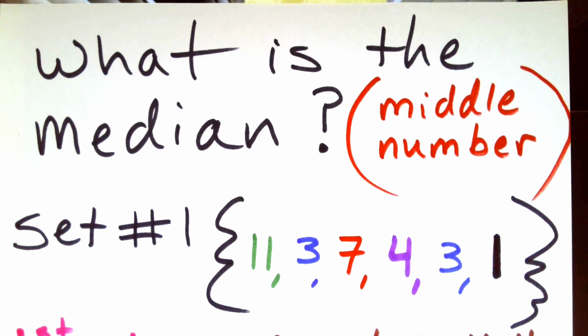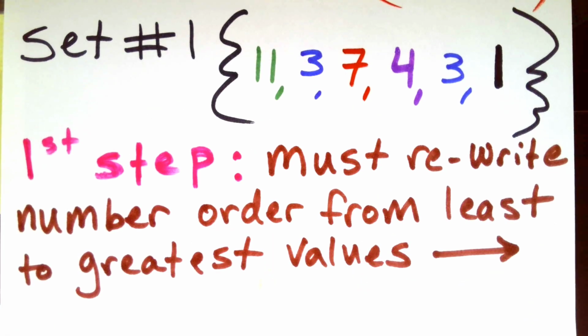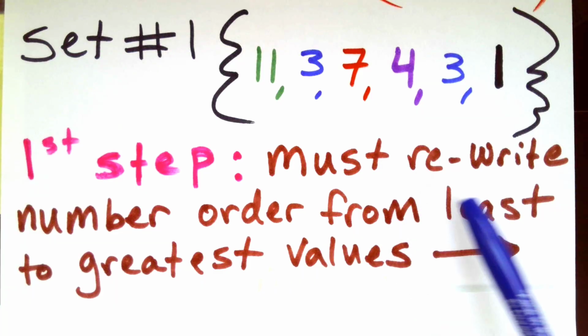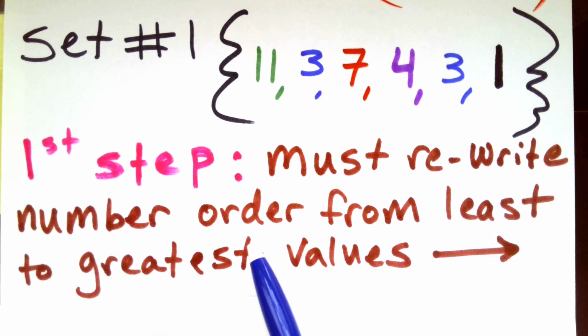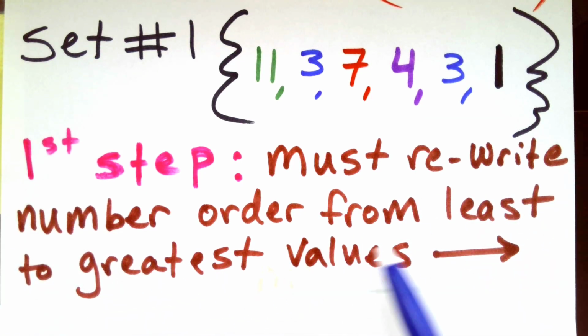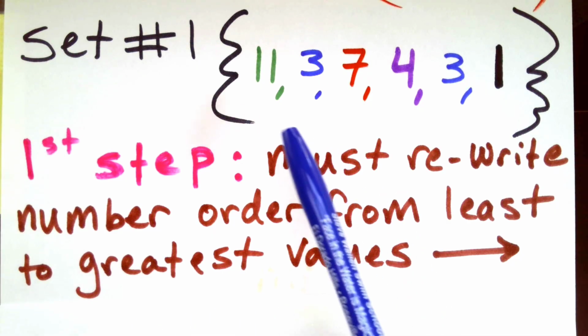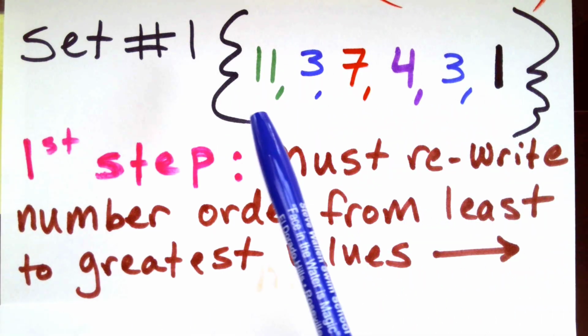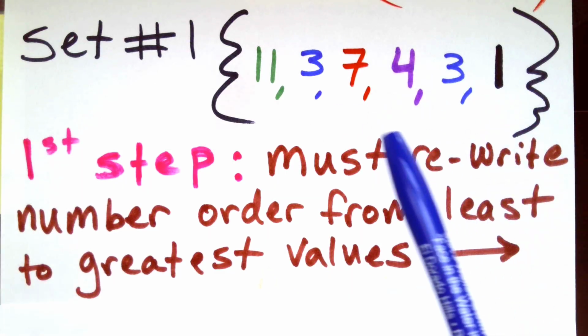All right, so what is the median, the middle number in set number 1? The first task is that we must rewrite the numbers in order from least to greatest values, that's from smallest to the largest number. As you can see up here, these numbers are not written from smallest to largest.